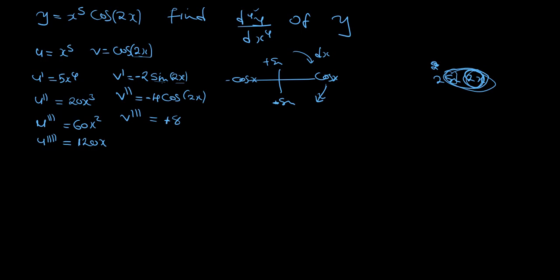So now this is sine 2x. Then for the fourth derivative, you start from v triple prime and differentiate again, which will give you 16.